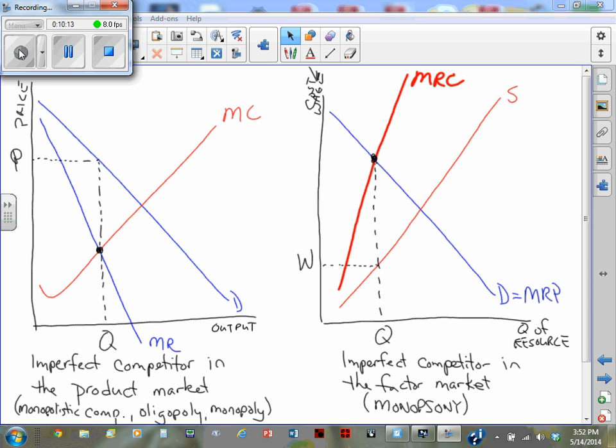So in the product market, quantity is determined by marginal revenue and marginal cost, and price is determined by quantity and the demand curve. In the factor market, where we're being purchasers, our quantity is determined by the combination of marginal resource cost and the demand curve, marginal revenue product, but our wage will be determined by supply.